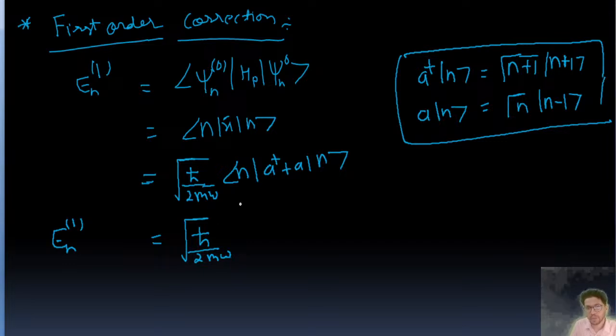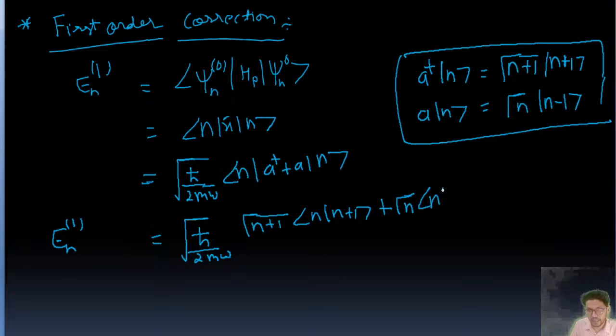Okay, so we will use it here. So this is going to be root n plus 1, n into n plus 1, plus root n, n into n minus 1. So this we know, right?